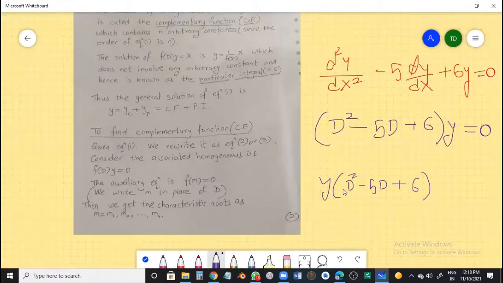Because after the operator, whatever I write gets operated. Here, y is in multiplication with D square. So it seems like y multiplied to d2 by dx square. And what is the operand here? Nothing is there. If nothing is there, we will call it 1. d2 of 1 by dx square. What is the second derivative of 1 with respect to x?